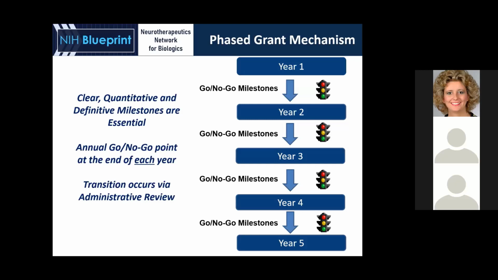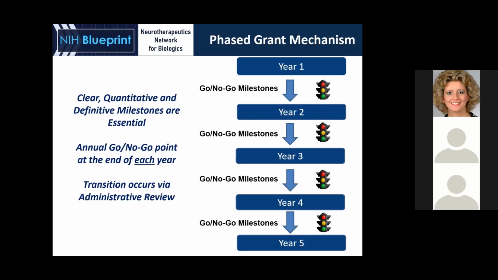Having a good idea of these milestones up front while you're planning for your applications is a good idea, but not an absolute necessity for your application. Those will be established during the awarding period of a meritorious grant.